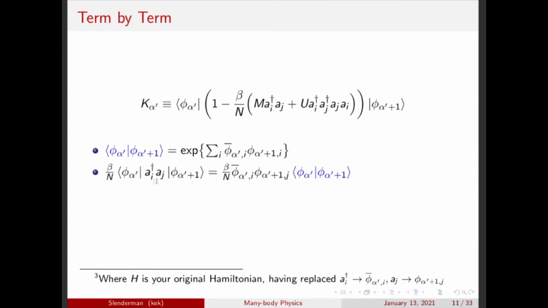Once these terms have become eigenvalues, we can just factor them out of the matrix element, and we get back this overlap term, which I've highlighted in blue. We can do the exact same thing for this general interaction term. I won't walk you through this one, but you get the exact same thing: eigenvalues that you bring out of the matrix element, and this leftover overlap term.